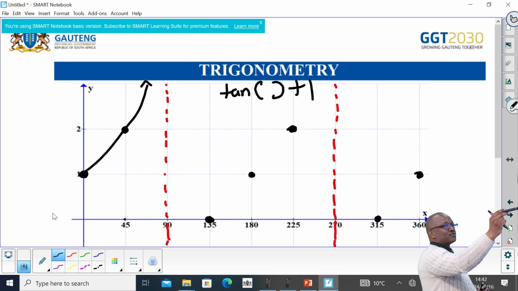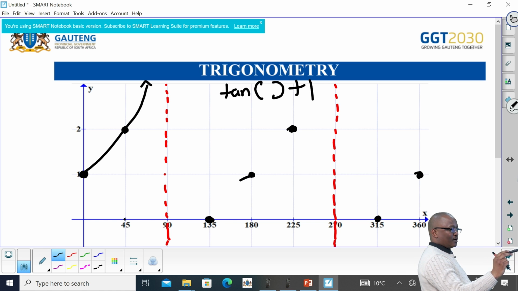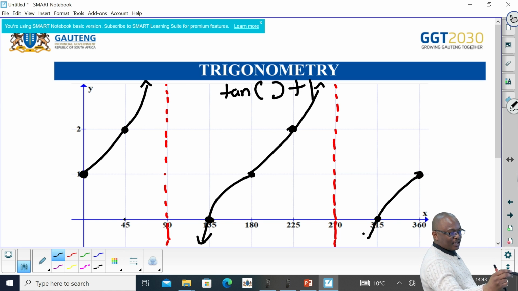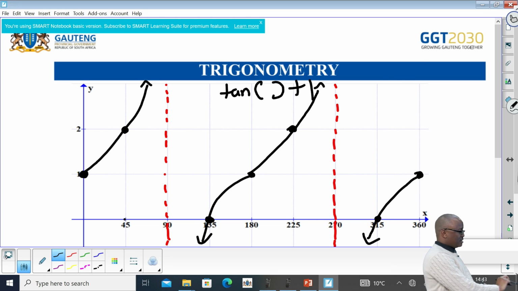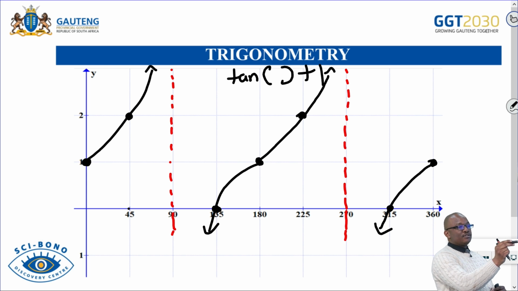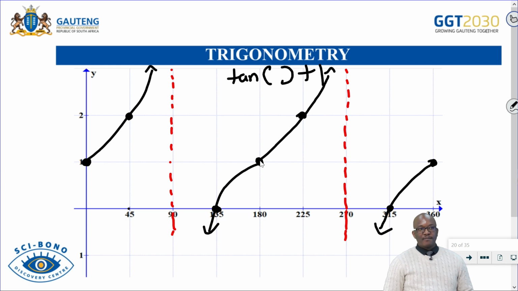So now, our graph for tan, it will look like that. Correct? Then also here, you are going to have a graph that is going like that. So basically, that's how you will see our tan graph. Correct.